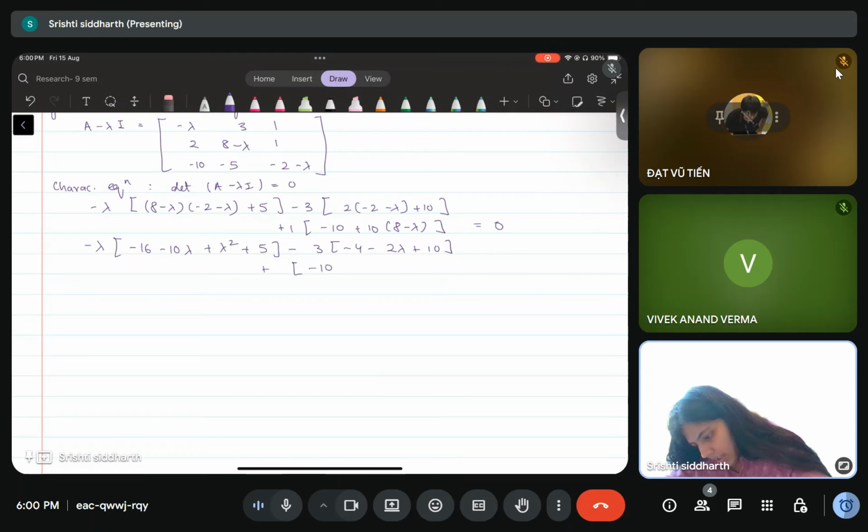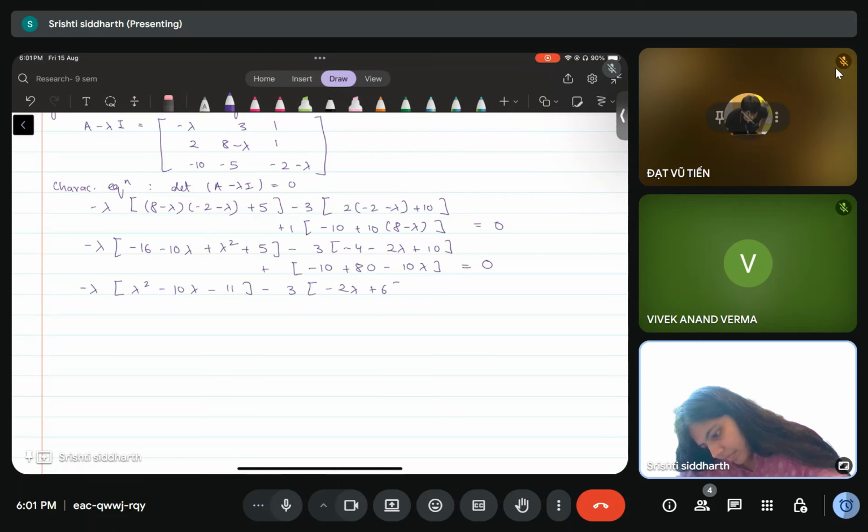So this is lambda square minus 10 lambda minus 11, minus 10 lambda plus 7.